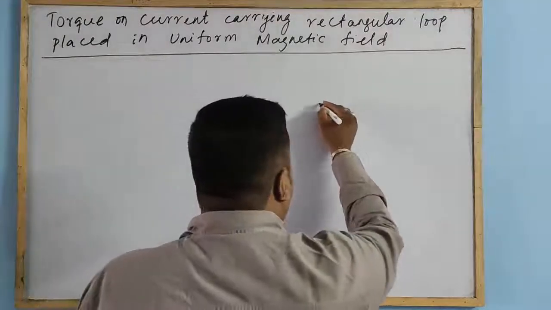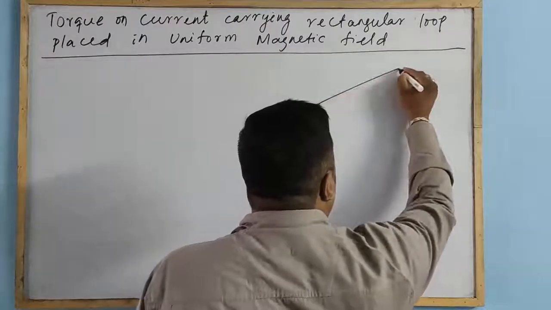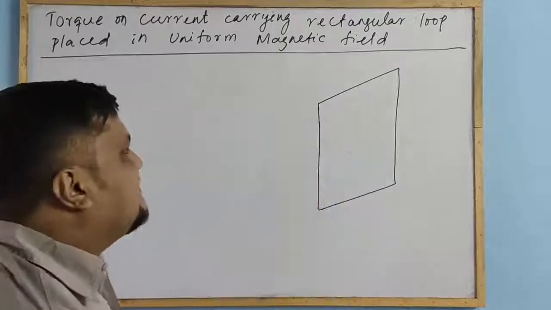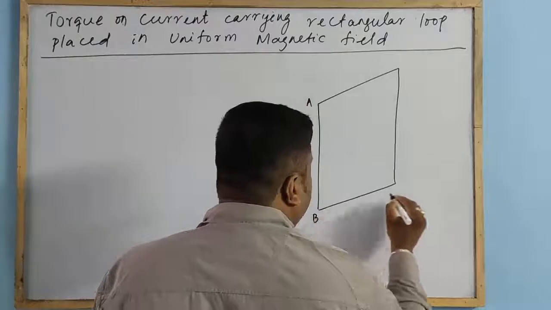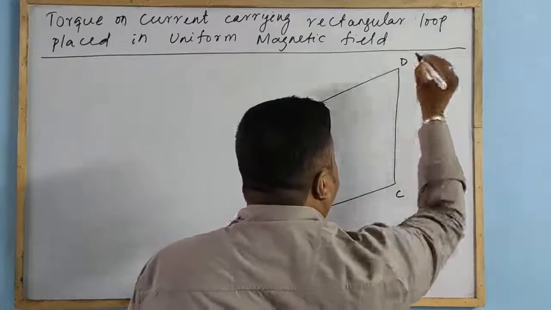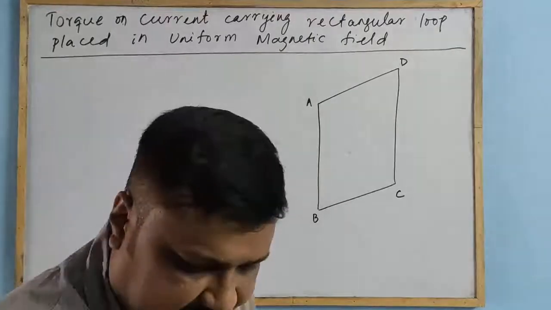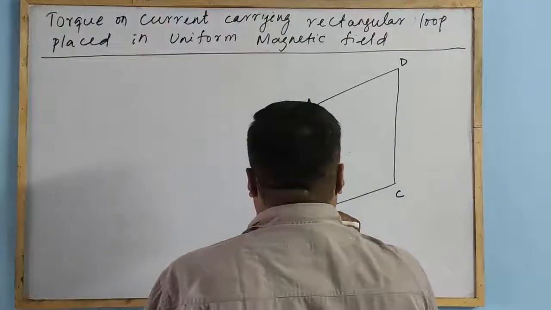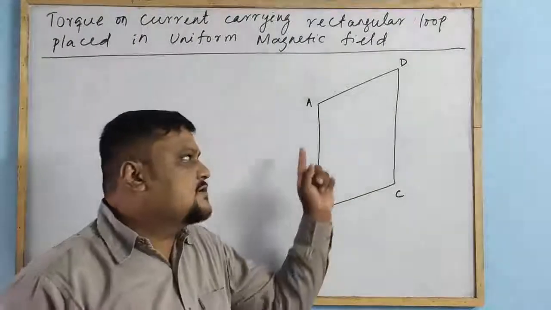So consider a rectangular loop like this. Let us consider a rectangular loop ABCD placed here, and the rectangular loop carries current I. So the current is flowing.